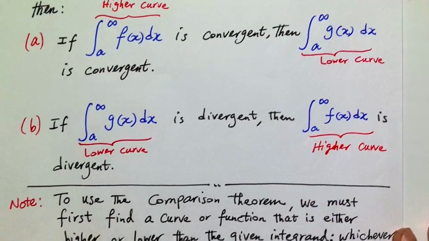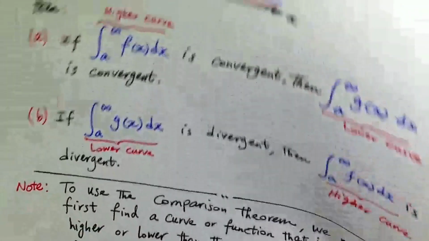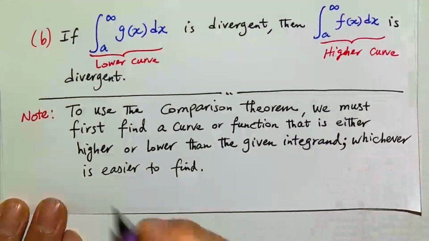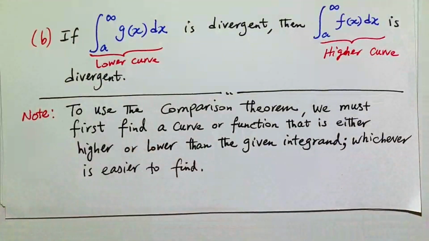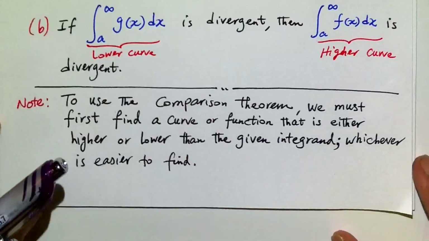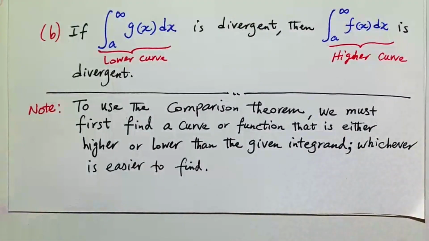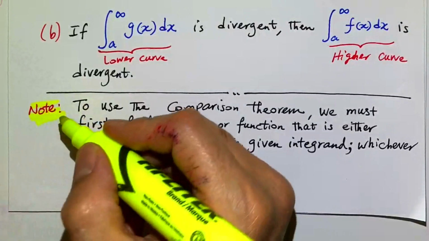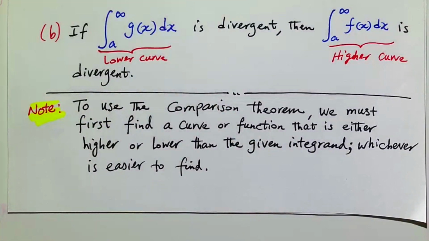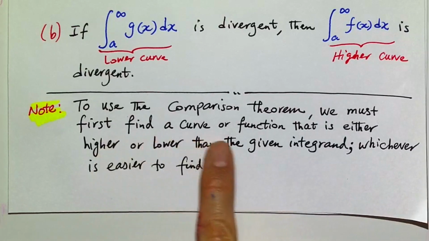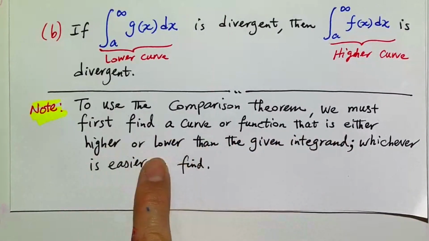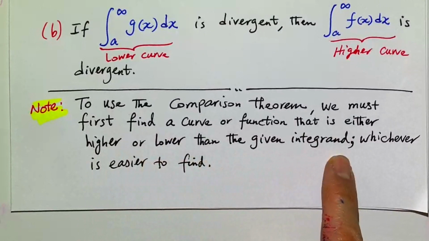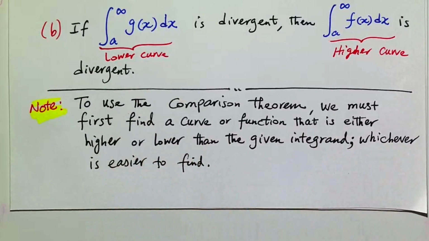Okay, higher curve. So I tried to put this in a note because it's so important, and this is what I said at the beginning of the discussion about the comparison test: to use the comparison theorem, we must first find a curve or function that is either higher or lower than the given integrand, whichever is easier to find.